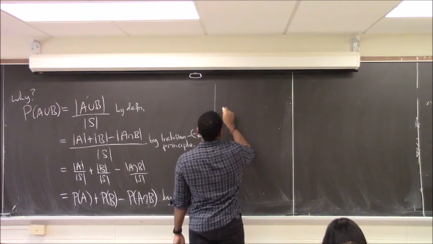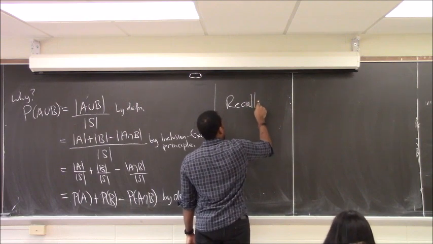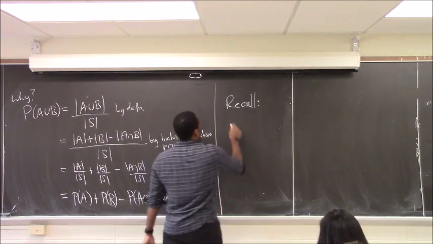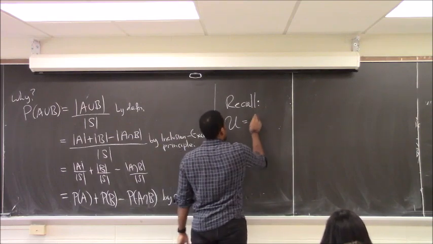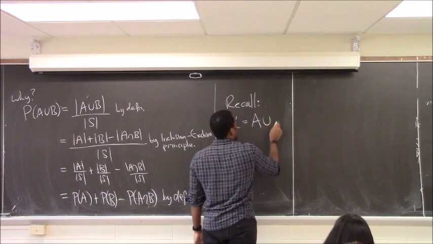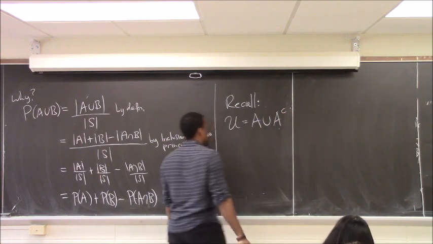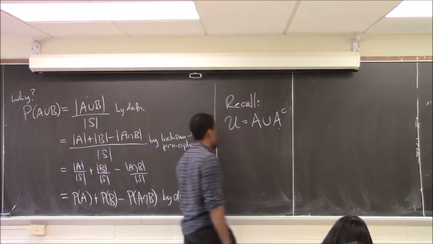So, recall also, I told you a long time ago, that if you have a universal set, we can always think of that as a set union its complement. Like that.